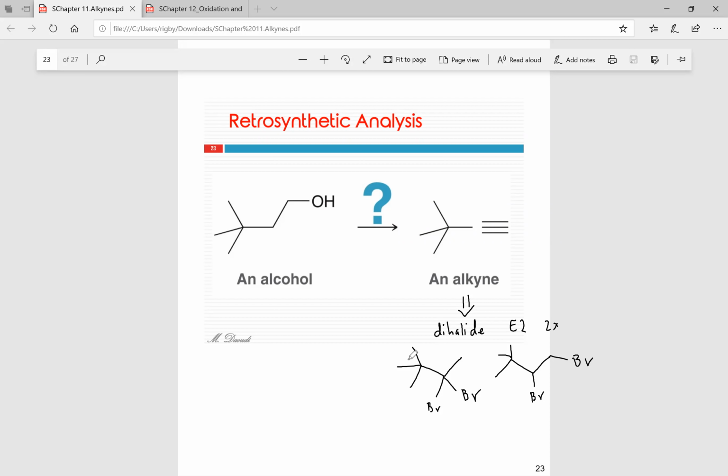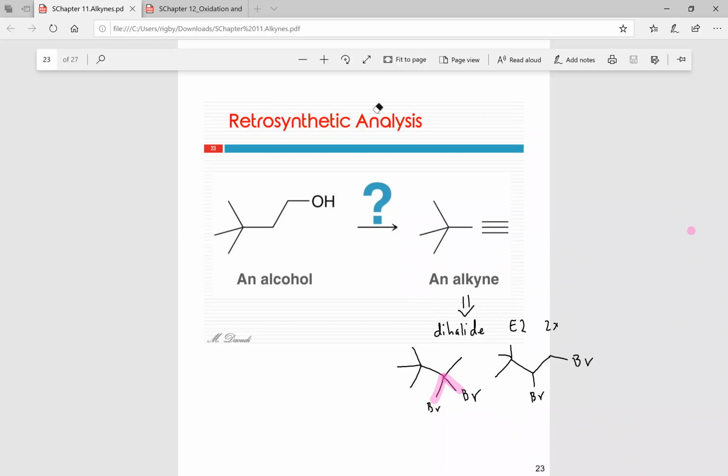If we look at this, we can see that when we make a geminal dihalide right here, we're going to start with an alkyne and then become a dihalide. Now in this sense, this doesn't make much sense, because if we're trying to make an alkyne, why would we convert an alkyne to a geminal dihalide just to go right back into an alkyne?